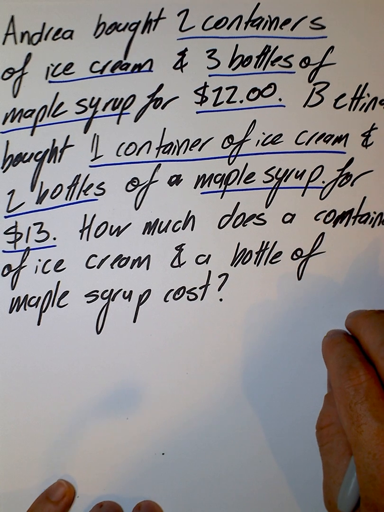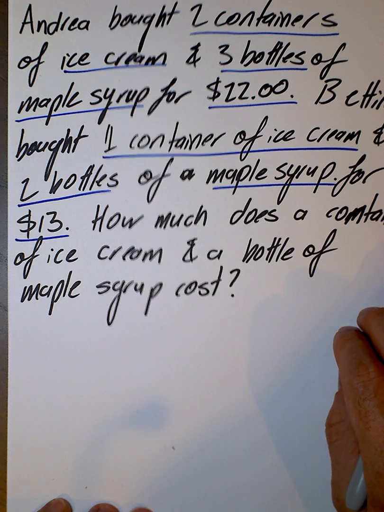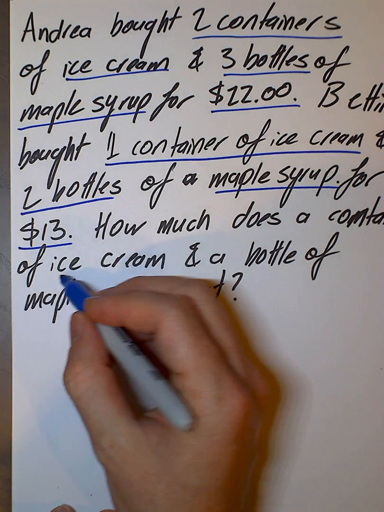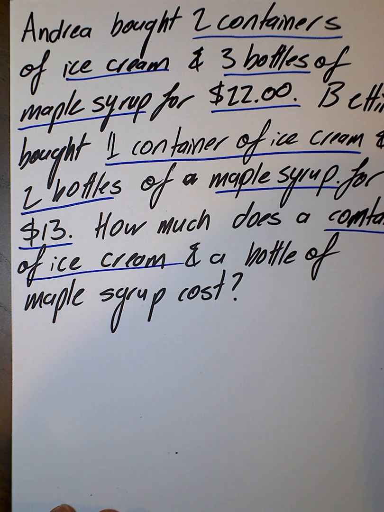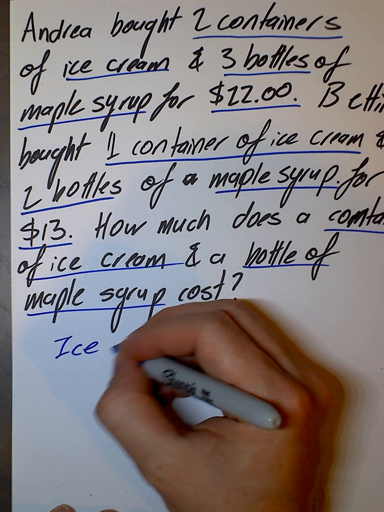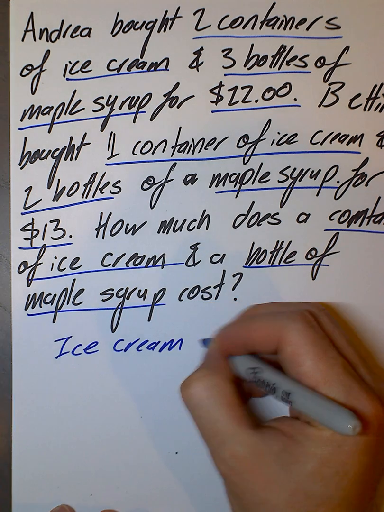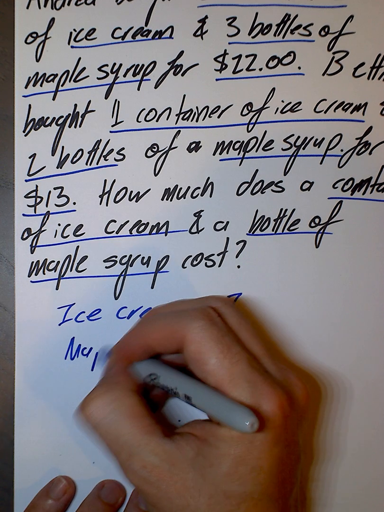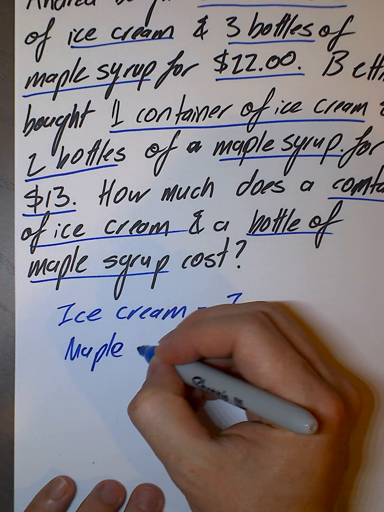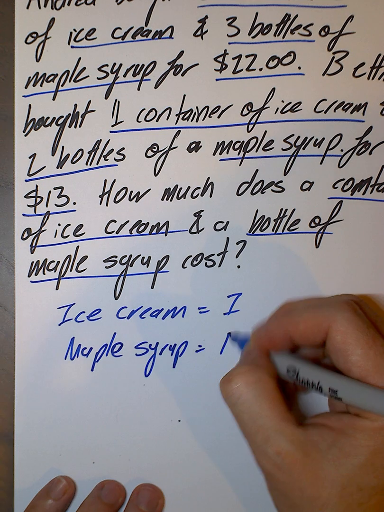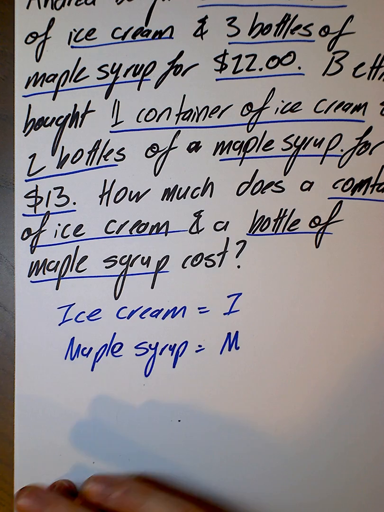Okay, so let's define what we're trying to find. We're trying to find the cost of a container of ice cream and a bottle of maple syrup. So let's define those things. Let's say ice cream is represented by the letter I, and our maple syrup is represented by the letter M. Easy, done.